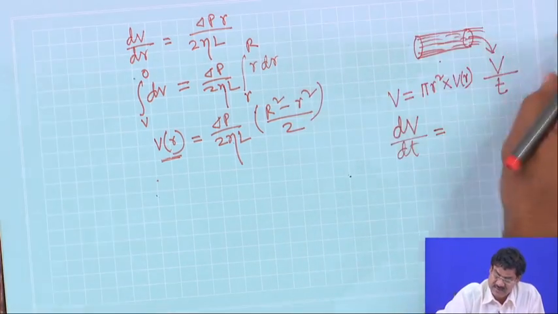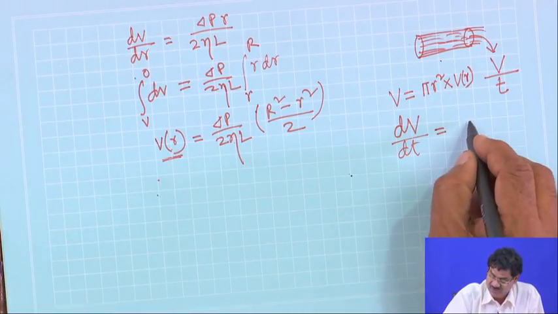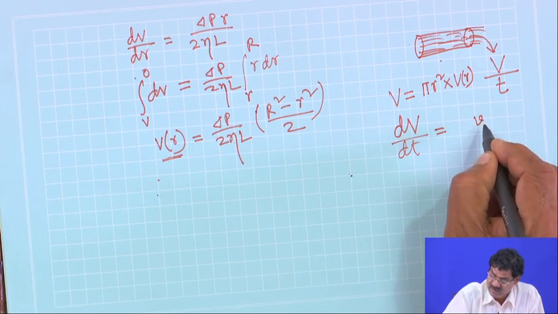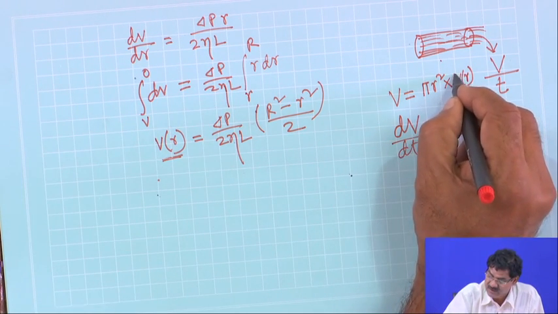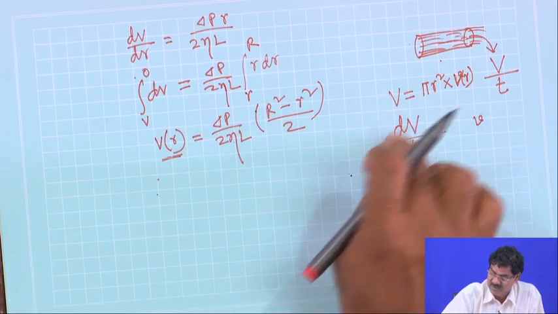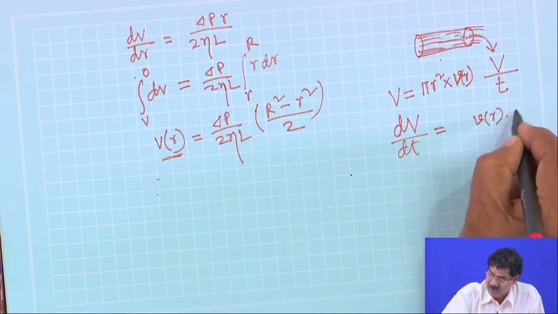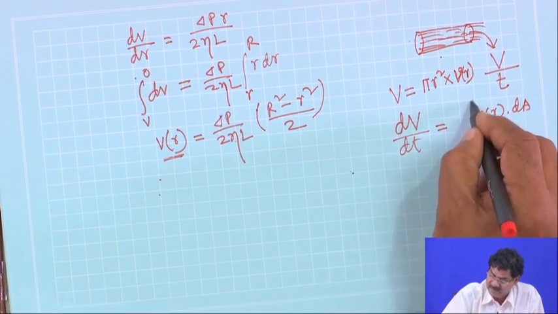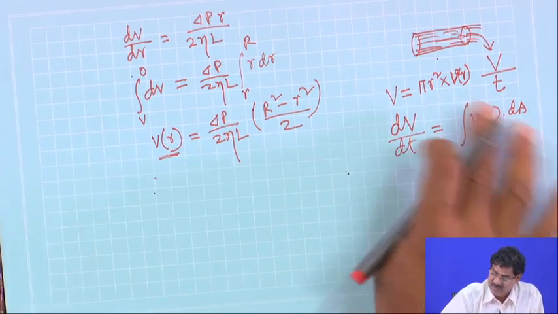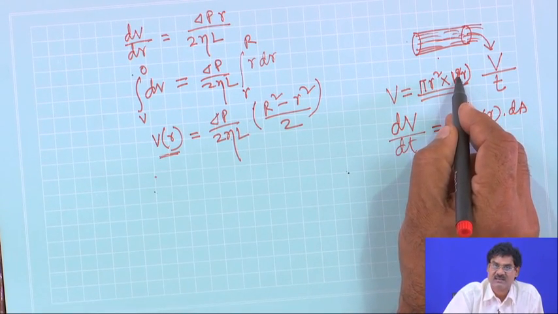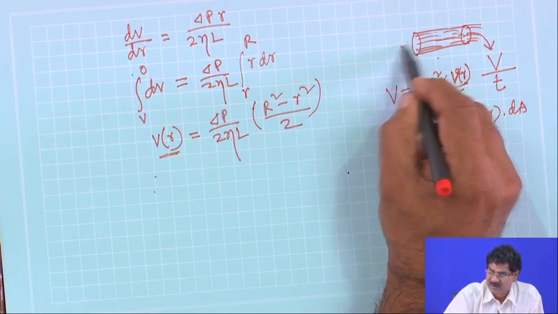So, dV by dt equals, through this tube, I can write the velocity v dot dA, the area, as an integration, because the problem is that I cannot write it the simple way, since velocity is not constant, it depends on the radius.